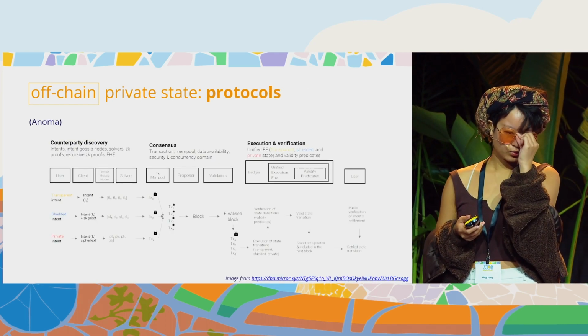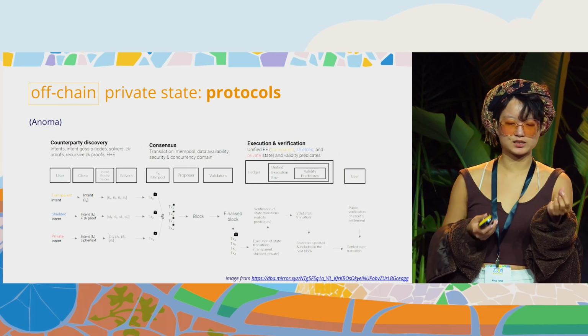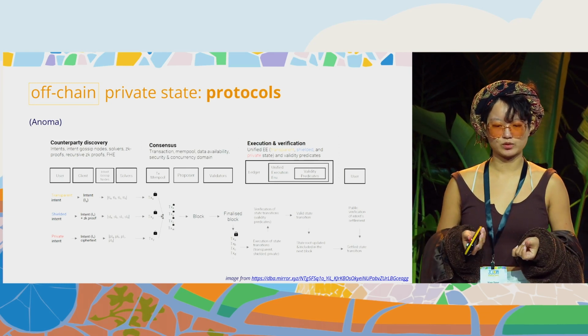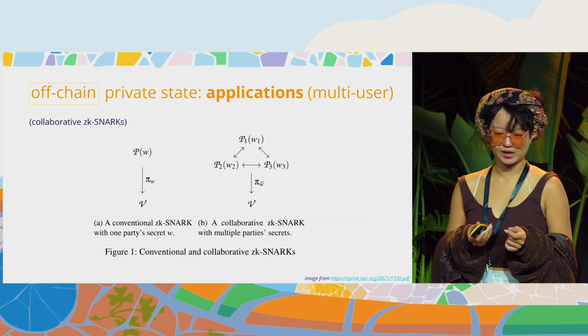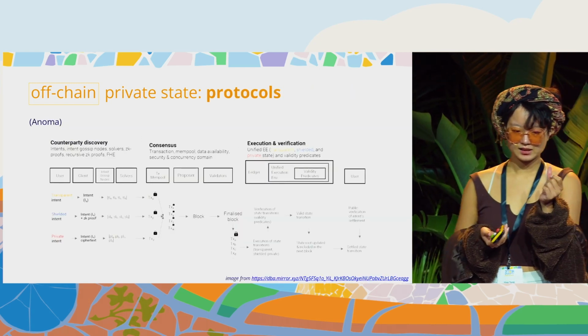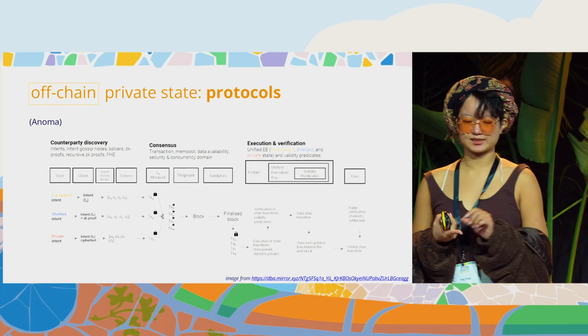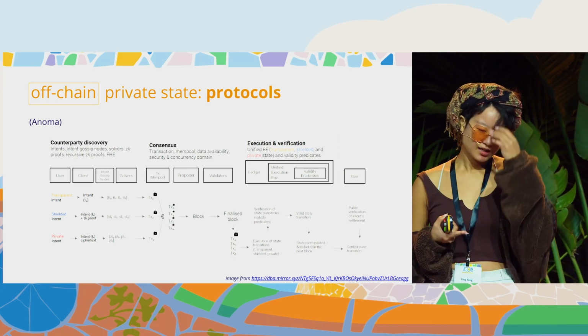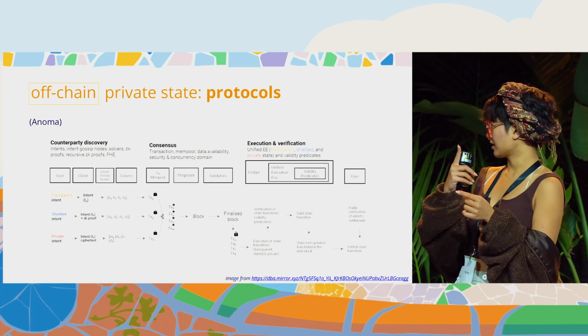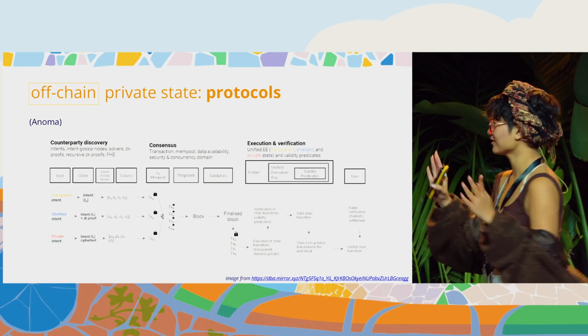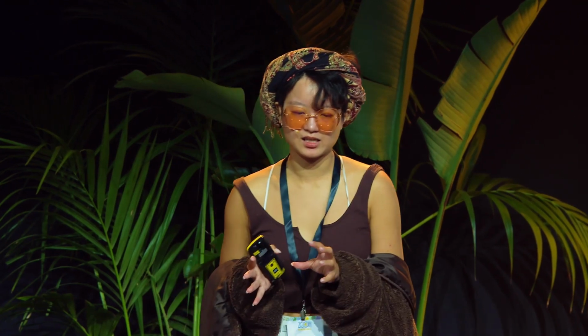The way protocols can support applications with multi-user private state, I think Anoma is a good example of this. So just focus on the leftmost part of the diagram. This is where you see the idea of intents or partial transactions being first-class citizens in the Anoma protocol.